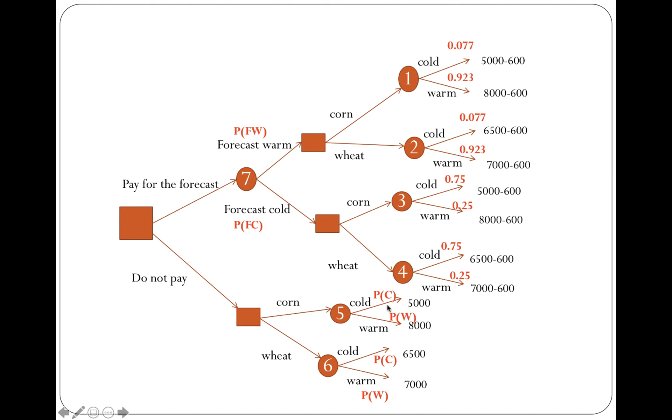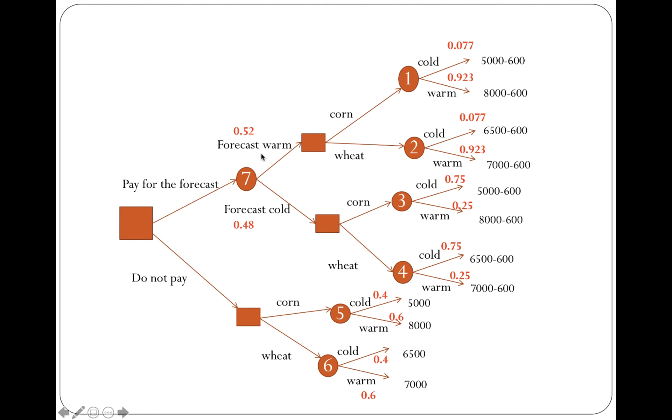The probabilities that the weather is actually going to be cold or warm were given to us in the problem statement. The probability that the weather is going to be cold was 40%, and the probability that the weather is going to be warm is 60%. We are going to put those probabilities on the corresponding branches.